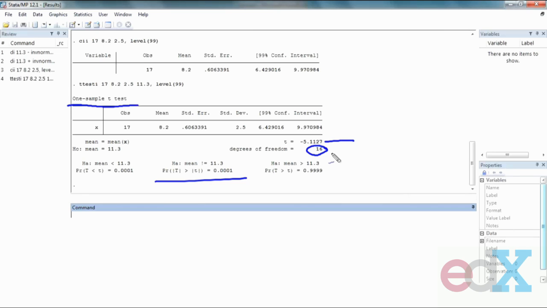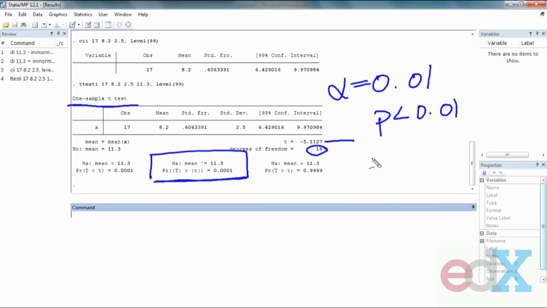This corresponds to a p-value of 0.0001, and therefore, at the alpha equals 0.01 level, I know that p is less than 0.01, and consequently, I would reject the null hypothesis.